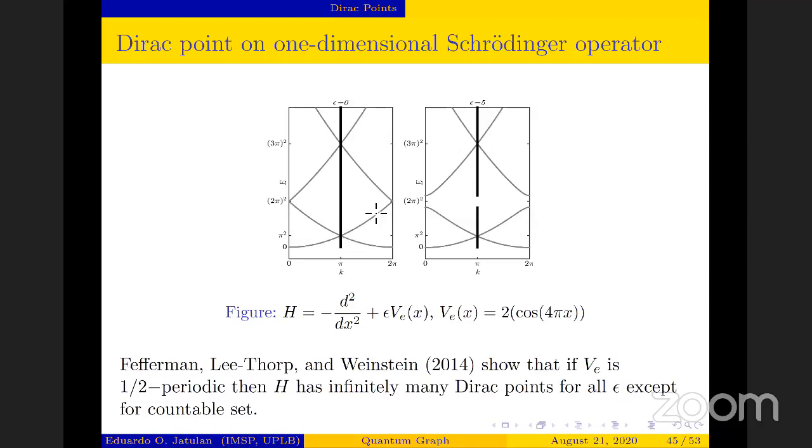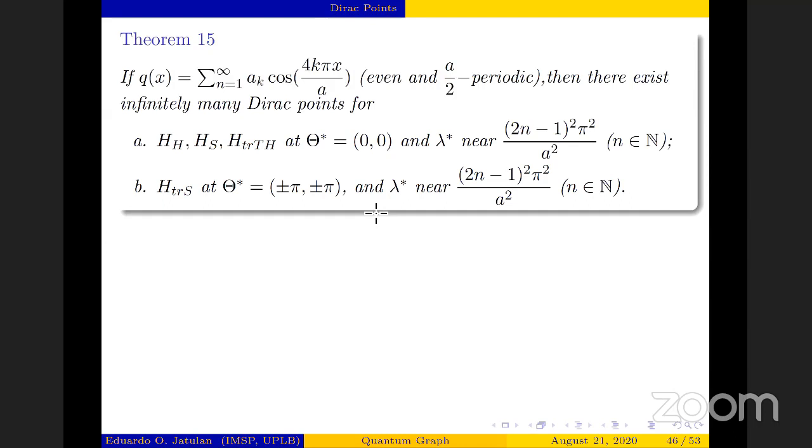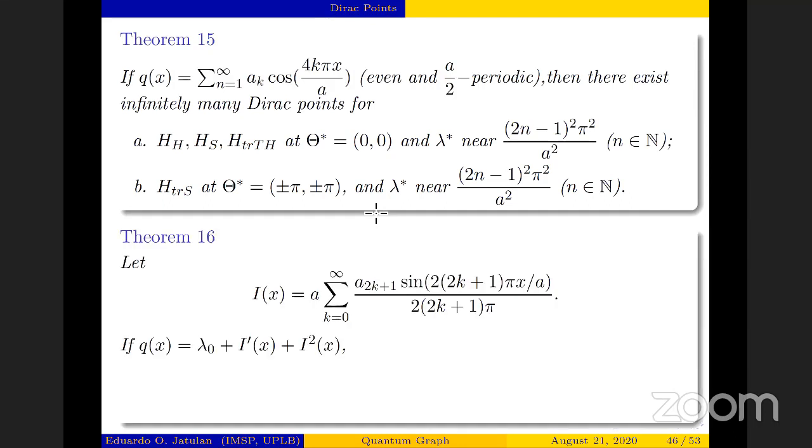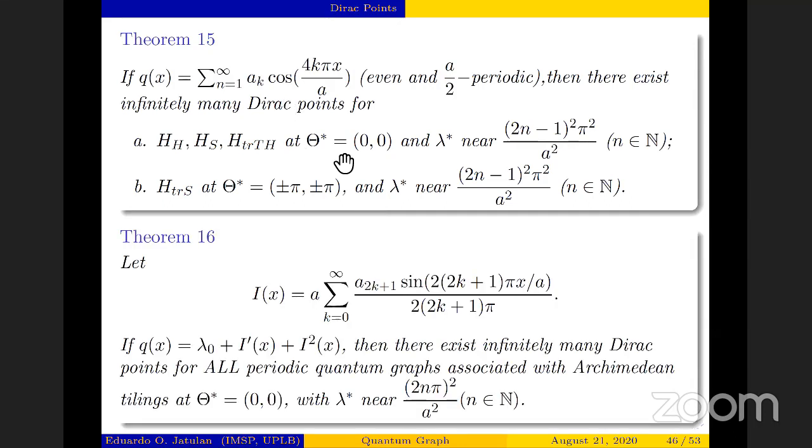So we get this idea, I think I will, so the idea here is that we get these many Dirac points for these quantum graphs. Okay, so if our potential is of this form, it means even and 1/2-periodic, then we have a Dirac point near this number lambda, and our theta is at 0, 0.